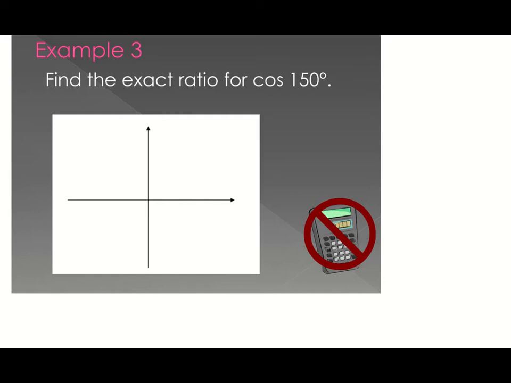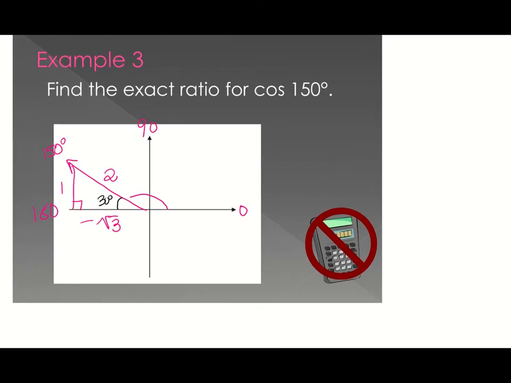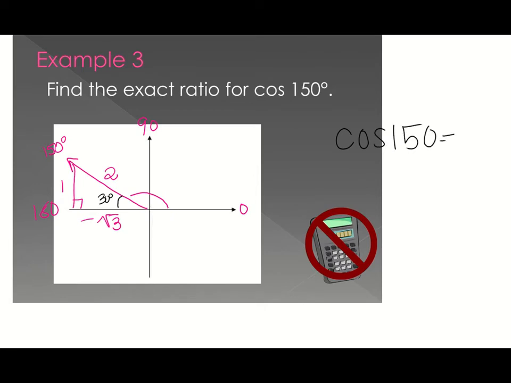So if we want to go ahead and find cosine of 150, we know that cosine is going to be adjacent over hypotenuse. So according to our reference angle, this is adjacent, this is our hypotenuse, so it's going to be negative square root of 3 over 2.